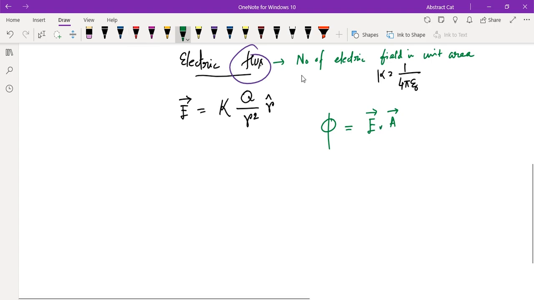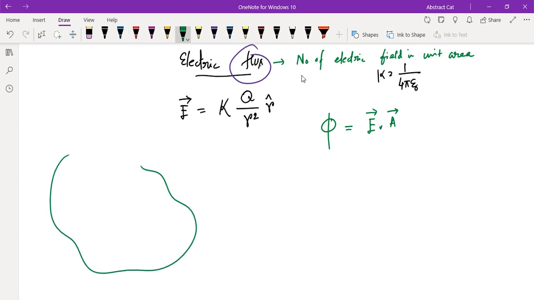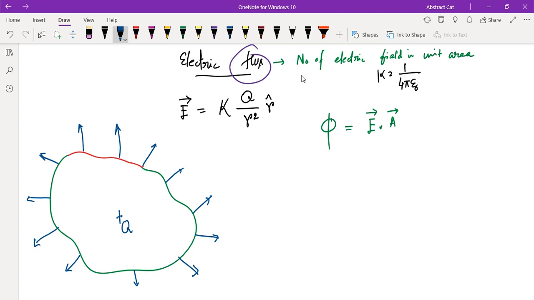Suppose we consider any arbitrary surface, and there is a source charge inside. Suppose the source charge Q is here, and the electric field is in the outward direction.